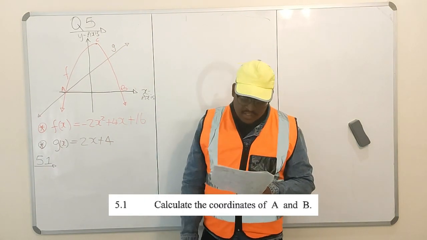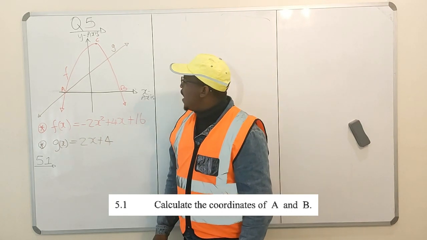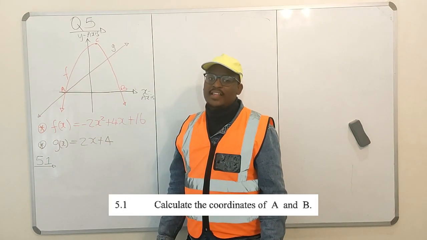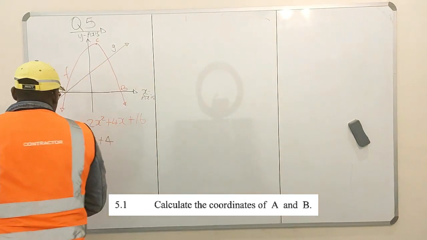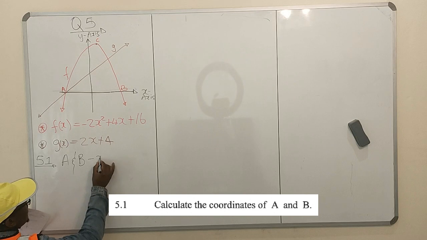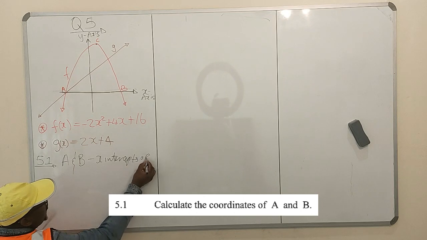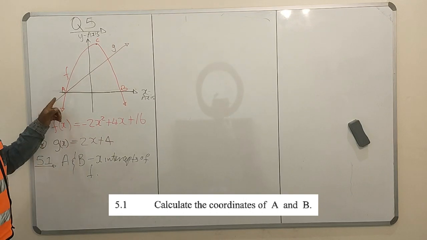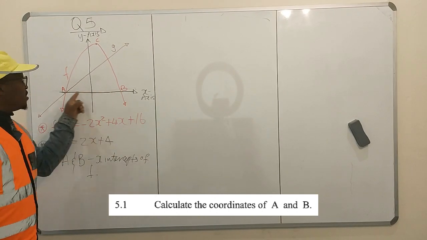So let's go. 5.1. Calculate the coordinates of a and b. What are a and b? You are told that a and b are the x-intercepts of our function f. Along this horizontal line, the x-axis, y is 0.